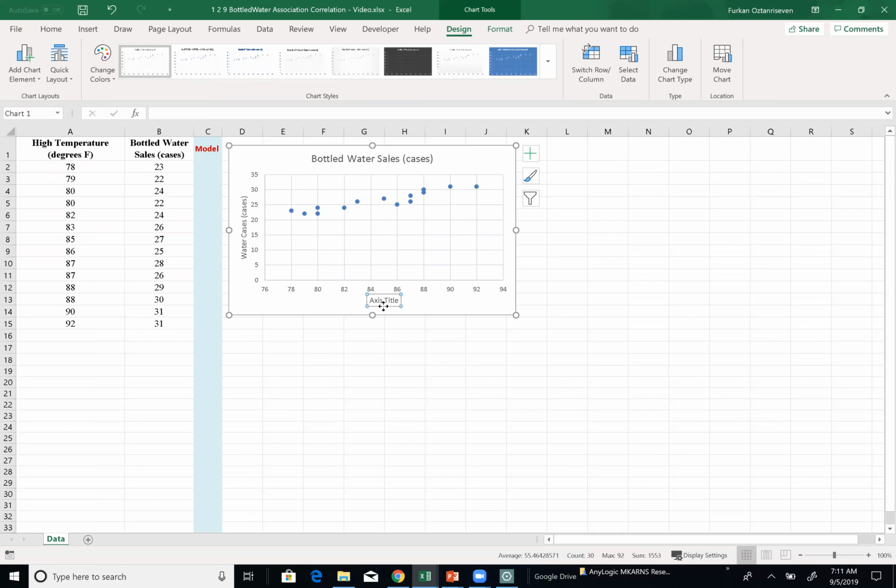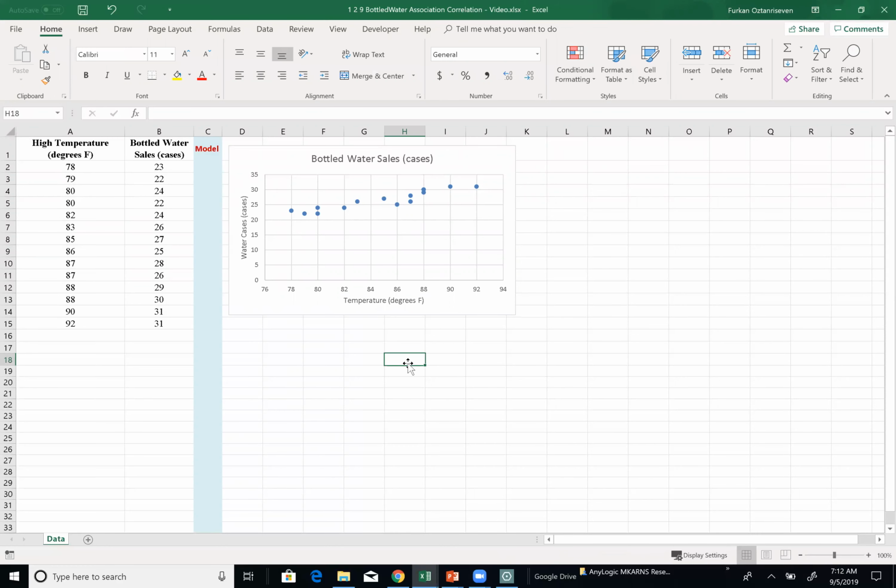And my x-axis here is the temperature, and the unit here is degrees Fahrenheit. All right, so you can see the positive relationship between these two variables by doing this.